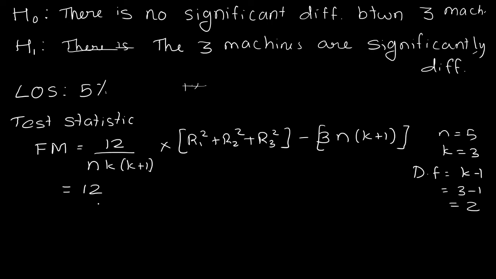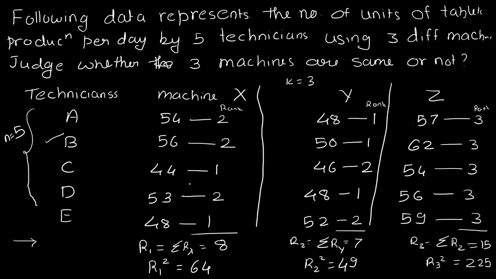Okay. So now I will calculate this. I will just substitute for my Fm. N is equal to my 5. K is equal to 3, and this is 3 plus 1, therefore 4 into R1 square. Now what is R1 square? We have seen R1 square is 64, R2 square is 49, and R3 square is 225.